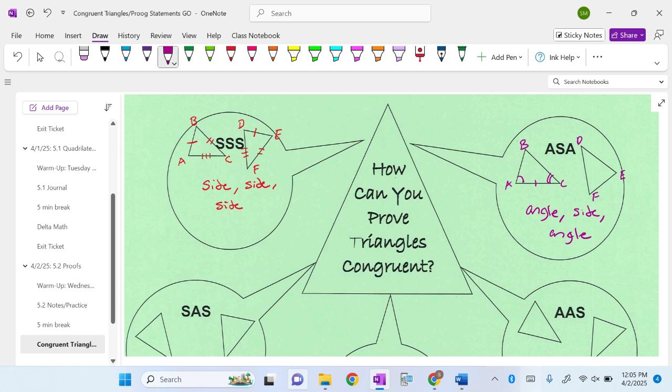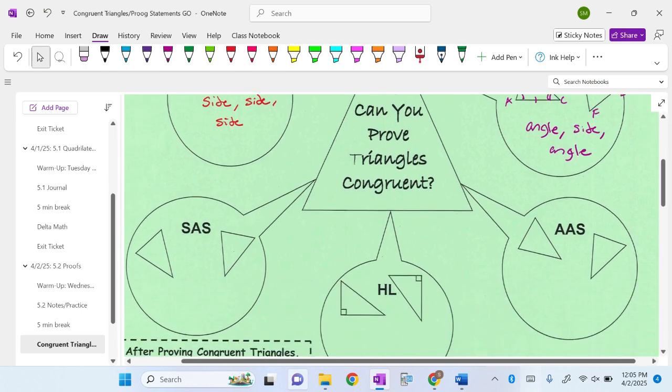So those 2 angles have to share a side that makes them up. So the corresponding over here would be these two, and then this side. So remember, they have to be the corresponding or the matching side that are congruent. Same thing with the angles. They have to be the corresponding angle that's congruent.